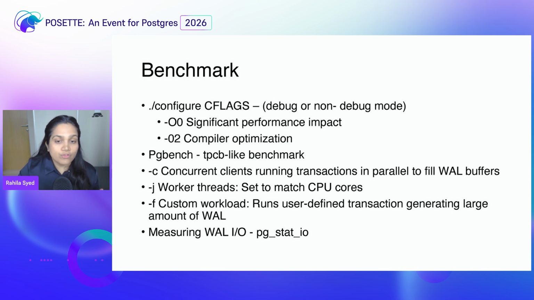This is again used to fill up the WAL buffers quickly. I have measured WAL IO using pg_stat_io. It is a monitoring function in Postgres which can give you disk input output numbers for all the backends in Postgres. I have specifically used it here for the wal sender, measuring disk IO in the wal sender.